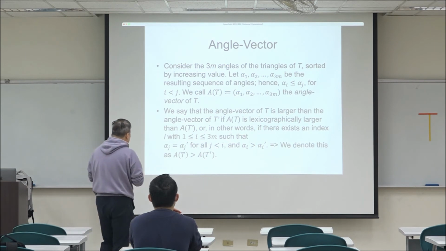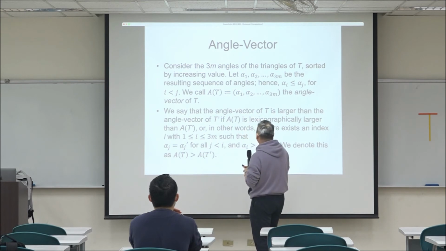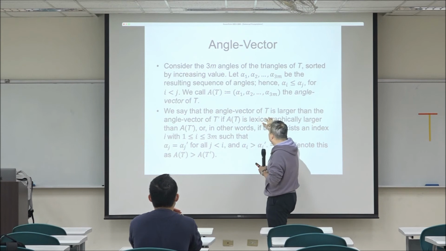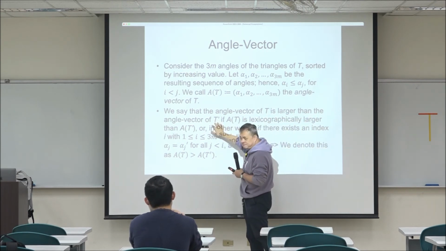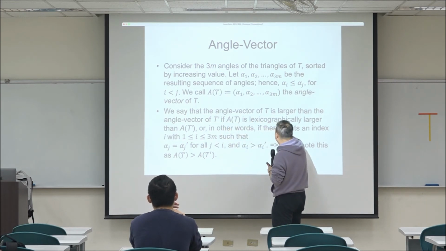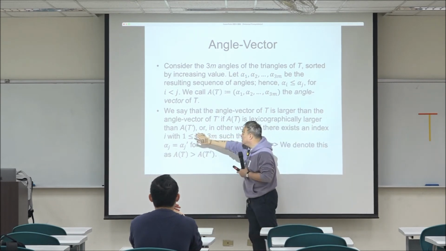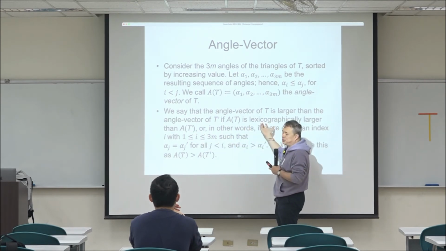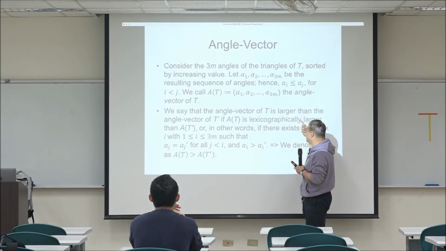We say the angle vector of T is larger than the angle vector of T prime if AT is lexicographically larger than AT prime. You may have a question: what do we mean by lexicographically larger?